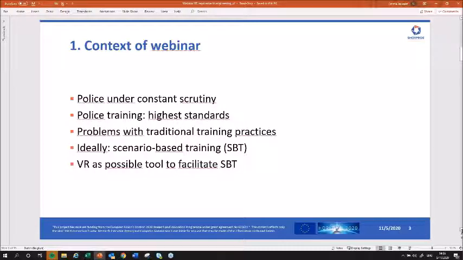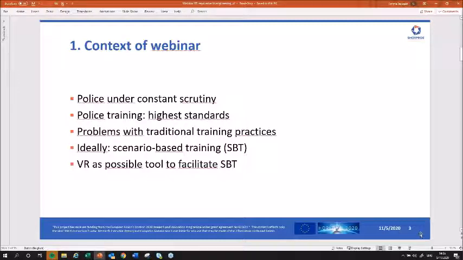And so what ShotPros wanted to do was to actually improve decision-making and acting capabilities of police officers in high-stress and high-risk situations. And what we found was that a very good tool or method to train these kind of skills is scenario-based training. Why?